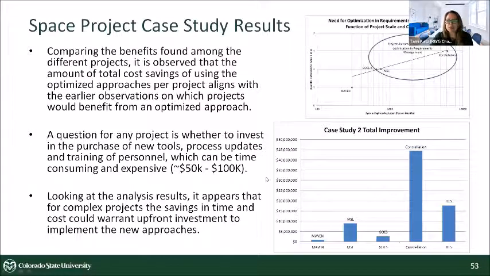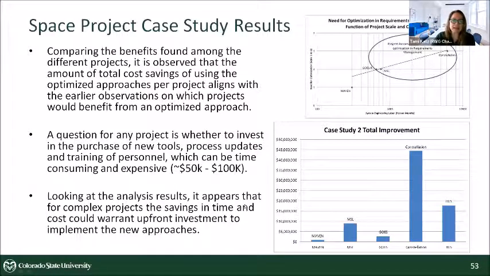But when you're looking at a project like Curiosity or GOES, maybe spending $100K on a new tool or some new processes or some training might yield the benefit if you're going to see a lot of cost savings associated with the processes you're doing.